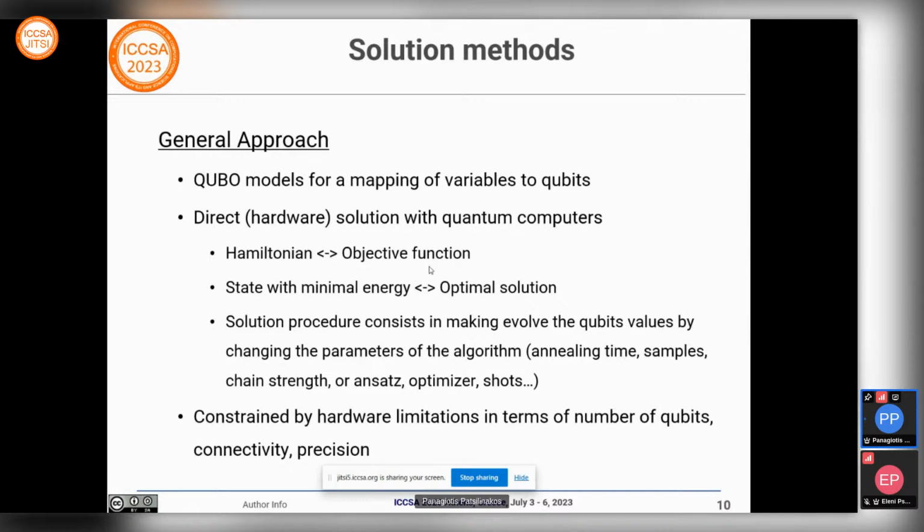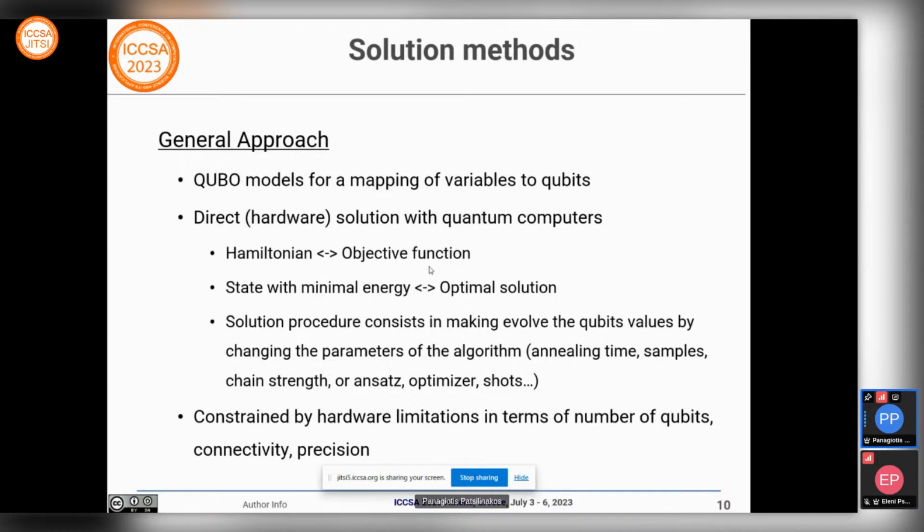So the general solution approach consists in defining these QUBO models, and then the solver will just apply some transformations on the qubits, and it will make the objective function evolve until we reach the best value, which corresponds to a state of the machine where the energy is minimal.